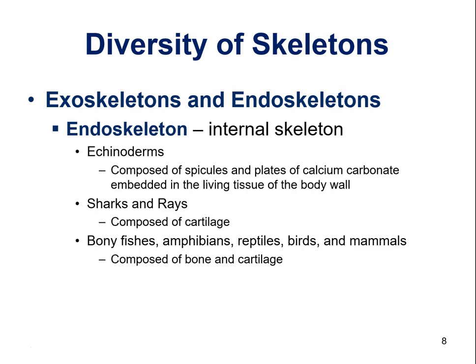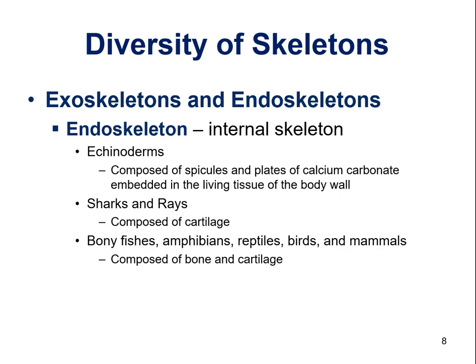Now, if we talk about endoskeleton, you should know the difference between an exoskeleton and an endoskeleton. You should also be able to give an example of an animal that has an exoskeleton versus one that has an endoskeleton. Endo means internal skeleton. Echinoderms, like sea stars, have an endoskeleton, composed of spicules and also plates of calcium carbonate embedded within the living tissue of the body wall.